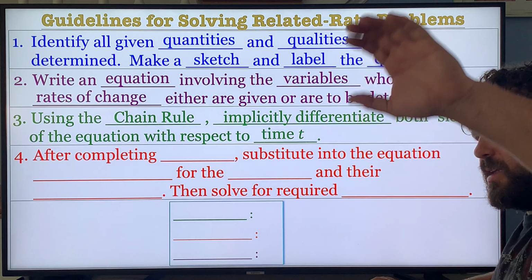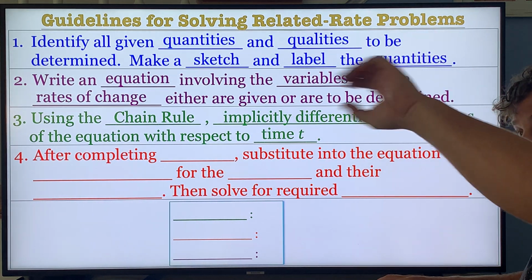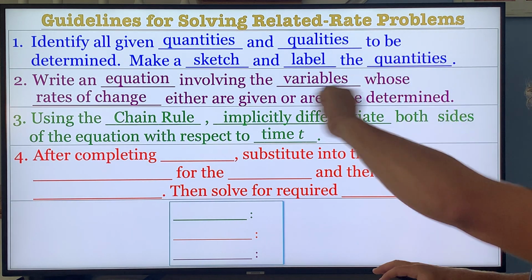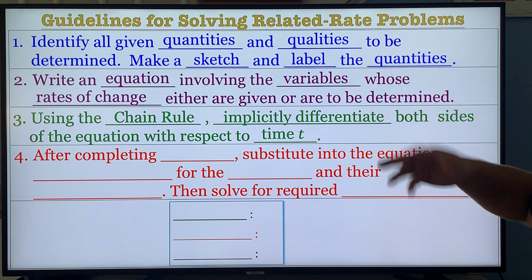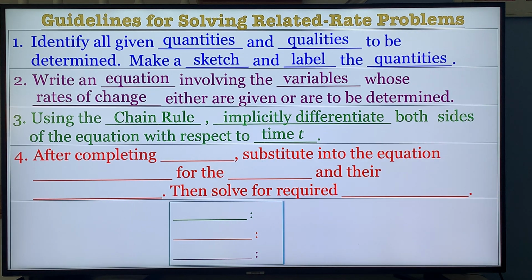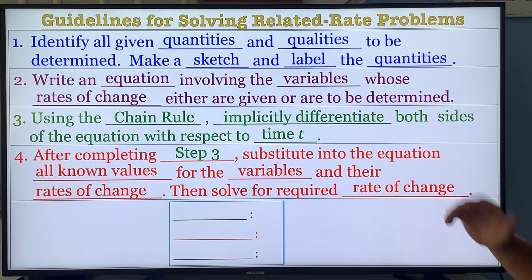That's when you take d/dt of a variable that's not time, and it just becomes the actual power rule, and then d of whatever that variable is over dt. That's how we're using the chain rule. You can also use product and quotient rules, though. After completing step 3, substitute into the equation all the known values that we made in our little table before for the variables and the rates of change, and then solve for the required rates of change.